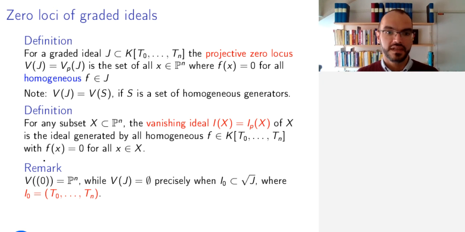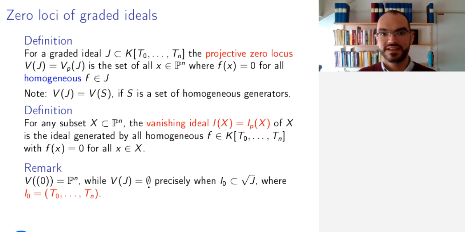Now, if you take as your ideal the zero ideal, then the vanishing set of this ideal is the whole of projective space. When you take the other extreme, namely you want the vanishing set to be empty, in the affine setting, the only way to do this was to take as your ideal the whole polynomial ring.